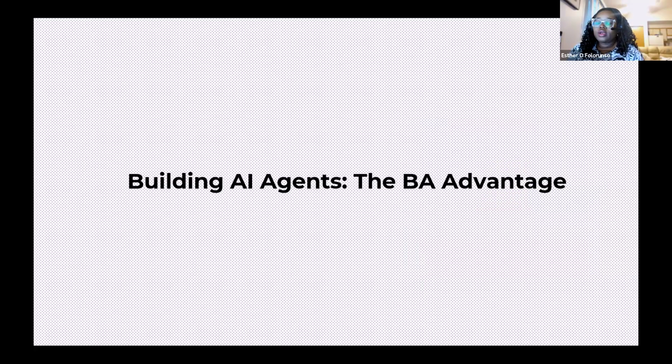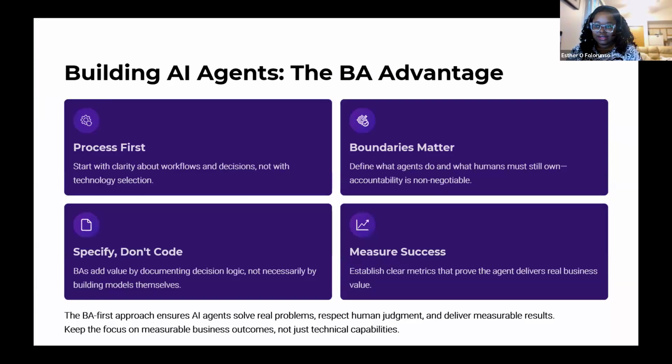Now, going back to the fact that we are business analysts, what's our advantage? What sets us apart? The first thing is we are process oriented as business analysts. I don't know any business analyst that's not process oriented, even if you're not a process expert. But what exactly does this agent want to do, or do I want this agent to do?